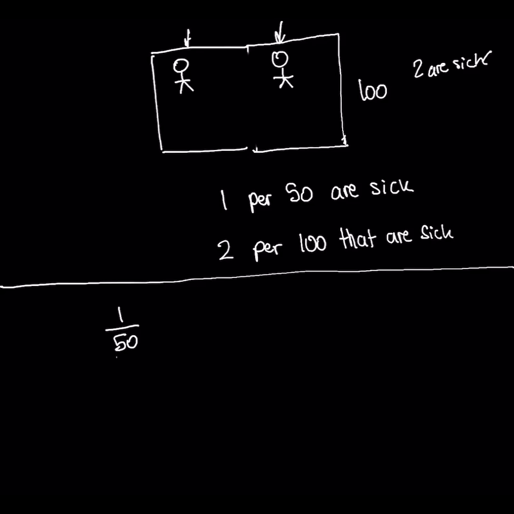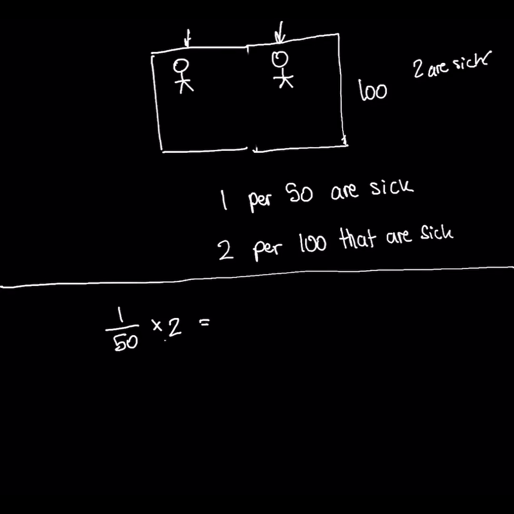When you multiply the total number of people, like, let's say you multiply this by 2, right? So this thing represents the group. So there's 50 people in the group, and of that 50, one is sick. You want to multiply the whole group by 2 so you can get per 100.